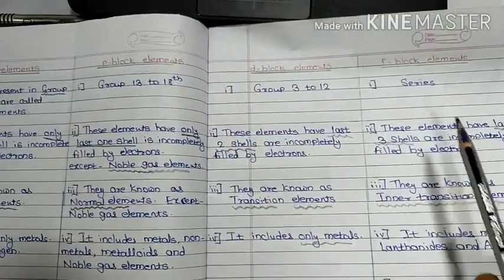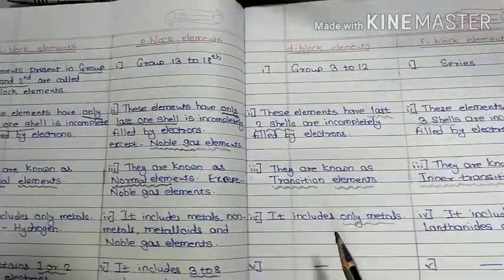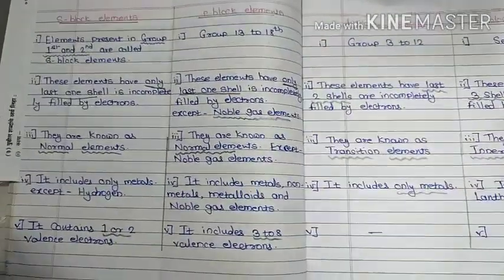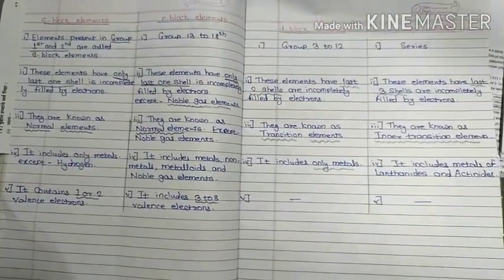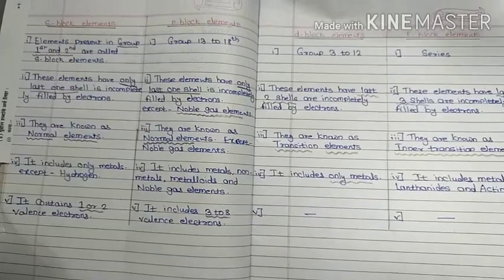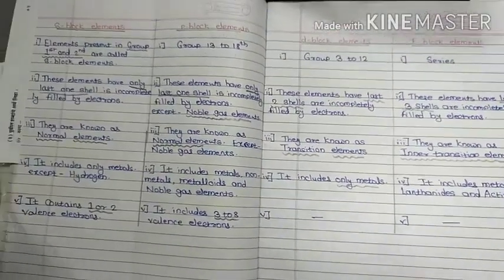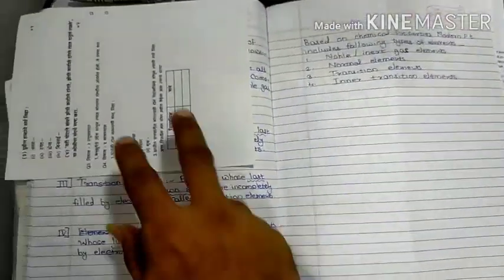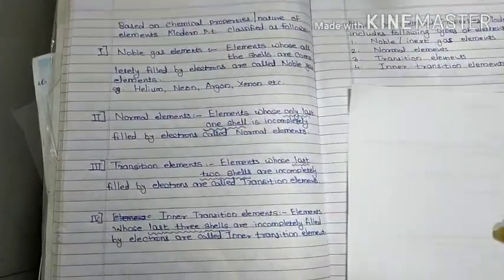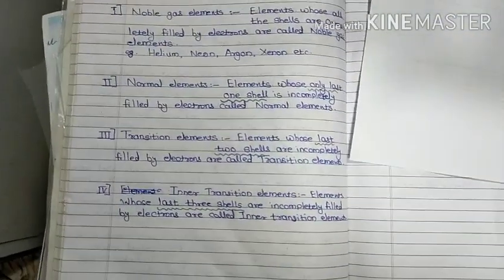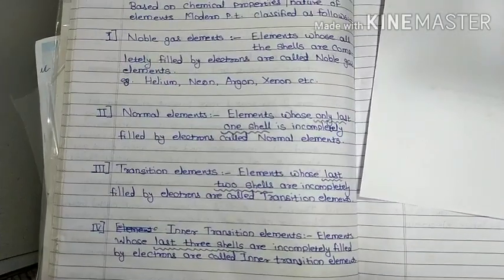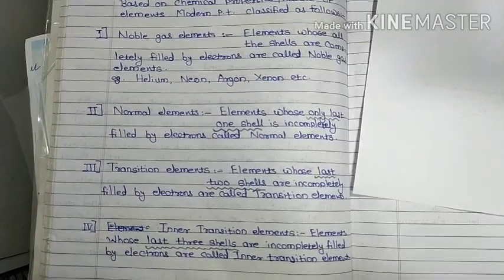Inner transition elements are seen in the F block. So by using the same SPDF table, we can make information available for these 4 different types of elements individually and make our short note for the same.